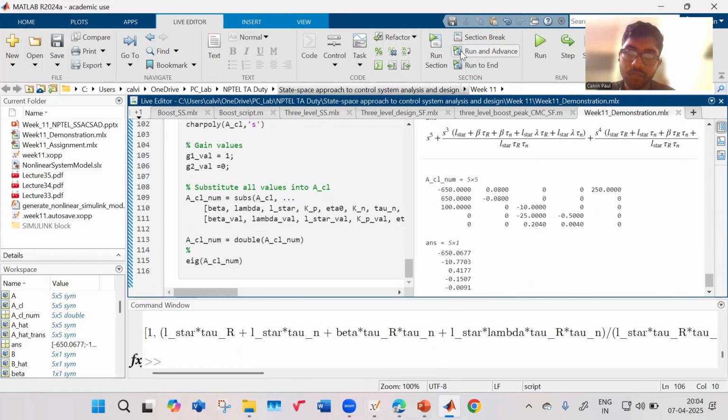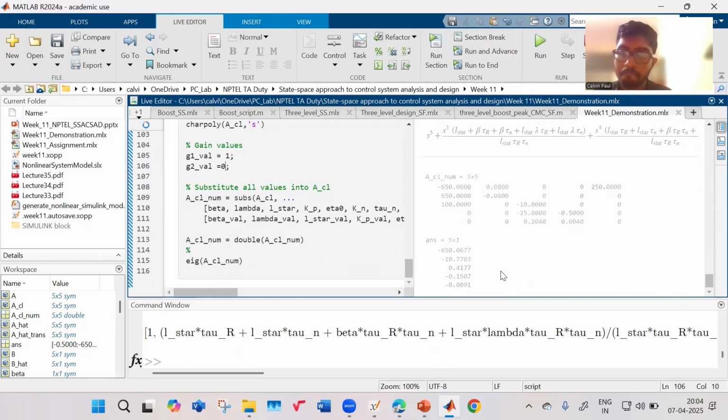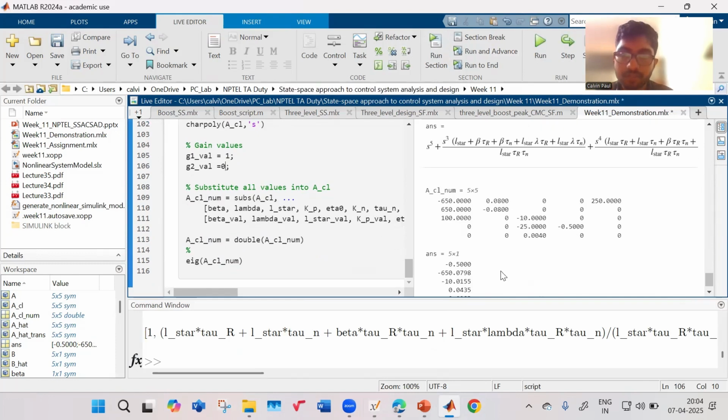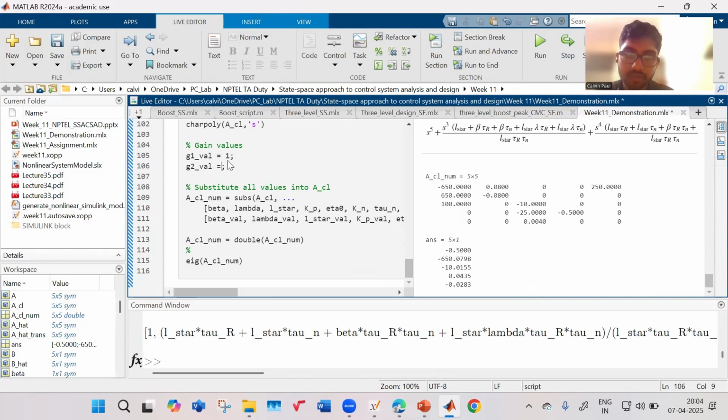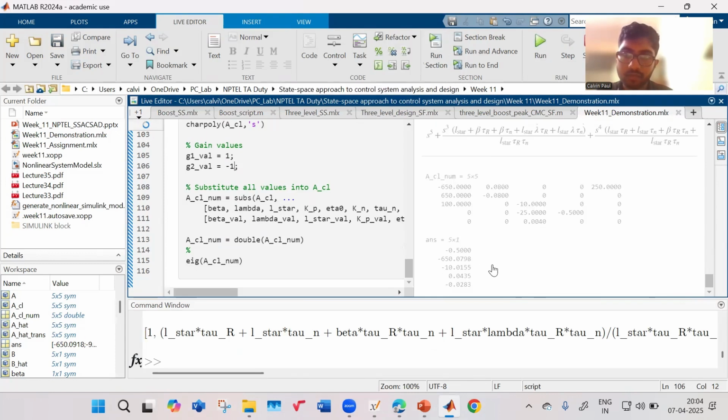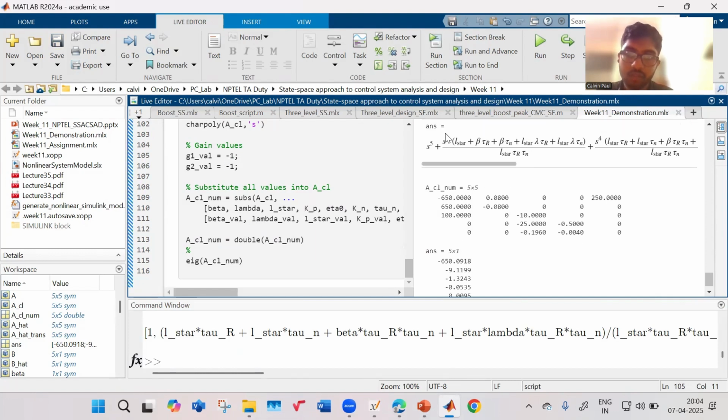So let us make G2 0. Now again this is not stable. So if we make it -1, now we're stable, but this is again positive, so this is not stable. So let us do G1 -5 and G2 -1.